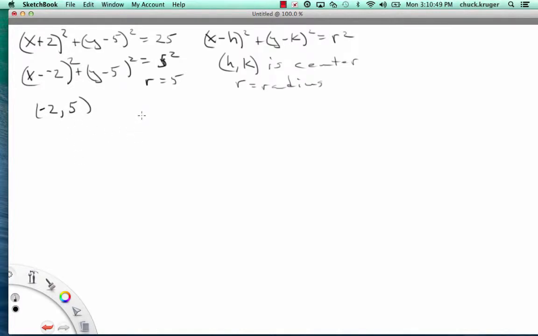And what that means here is if I would graph this, I would have a center right here, and I would go 5 units to the right, 1, 2, 3, 4, 5, and I'd go 5 units up, 1, 2, 3, 4, 5, and I'd go 5 units to the left, 1, 2, 3, 4, 5, and I'd go 5 units down, and this is supposed to be a circle.